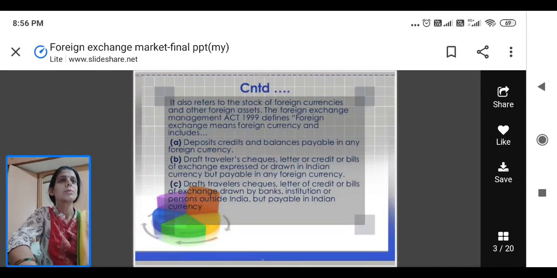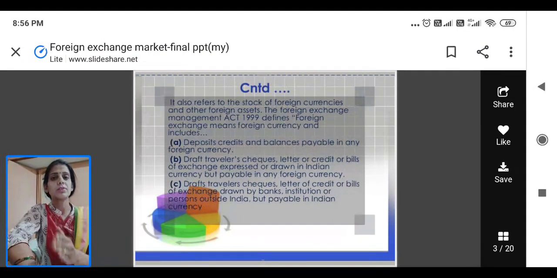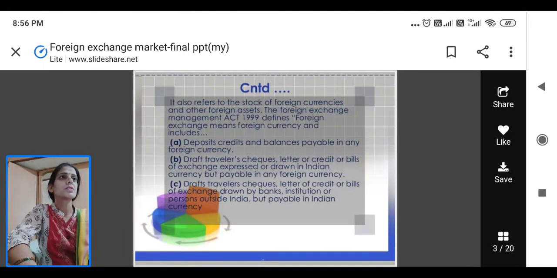When we talk about the spot market, which is very important, and often asked as a short note or a long-term explanation as well, the question is about the operations of the foreign exchange market: how does this market work?